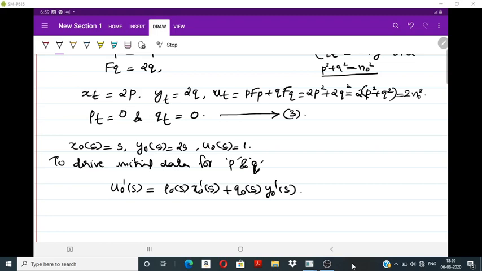Okay, and the second equation was f at p naught, x naught s, y naught s, u naught at s, p naught at s, and q naught of s is equal to 0.